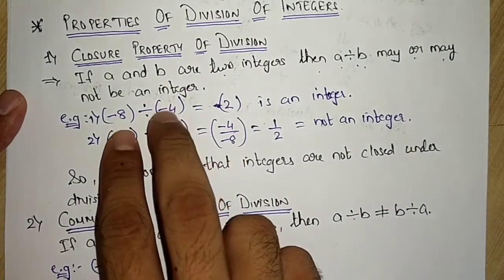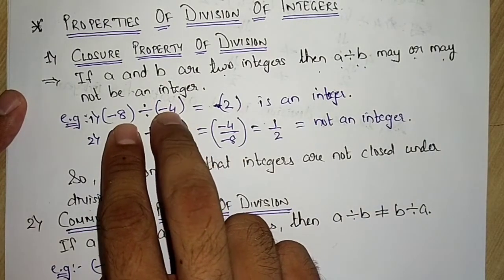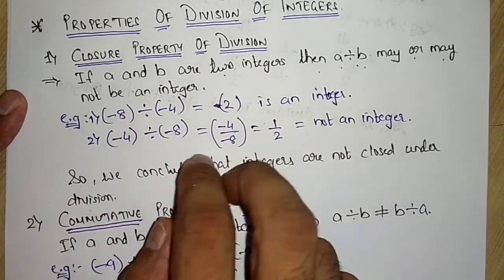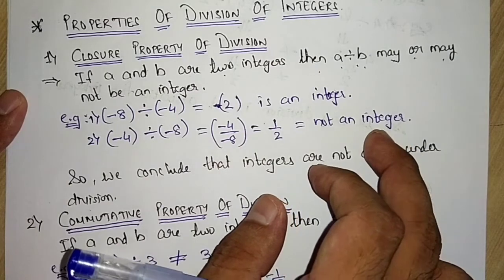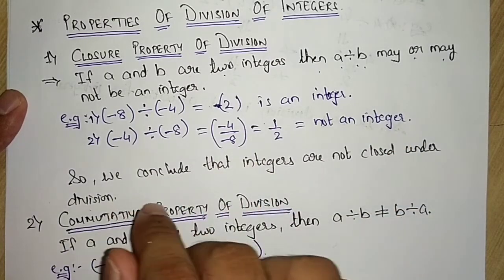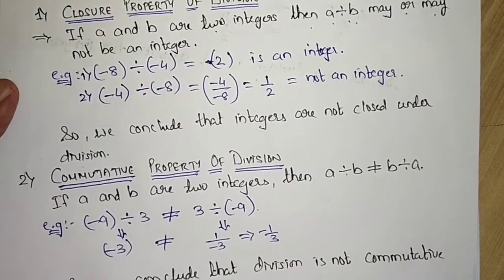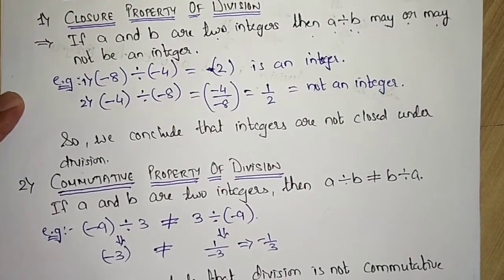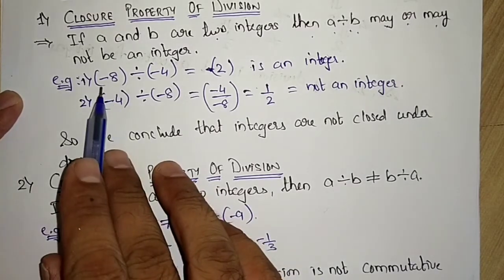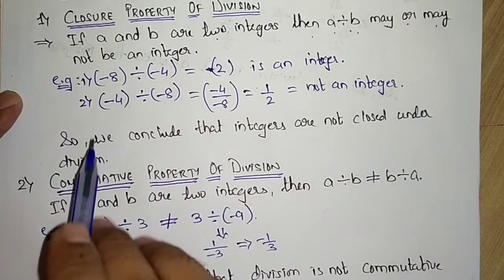If we divide two integers, the resulting answer may be an integer or it may not be. That means we can say that integers are not closed under division. Why are they saying so? Let us try to understand with an example.